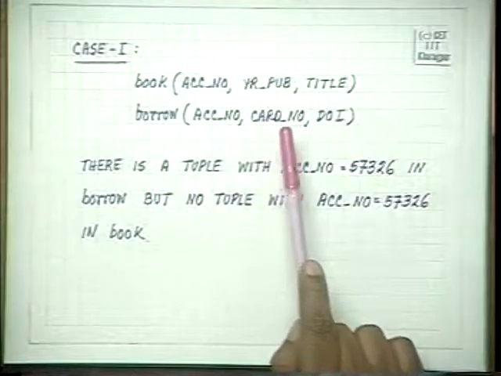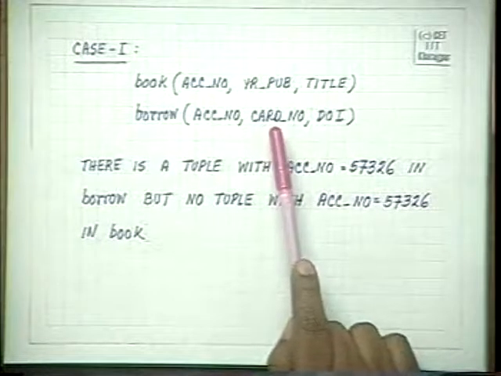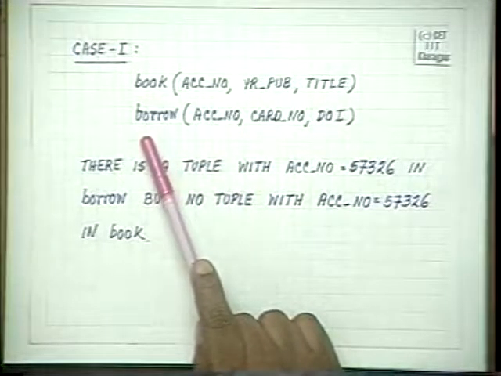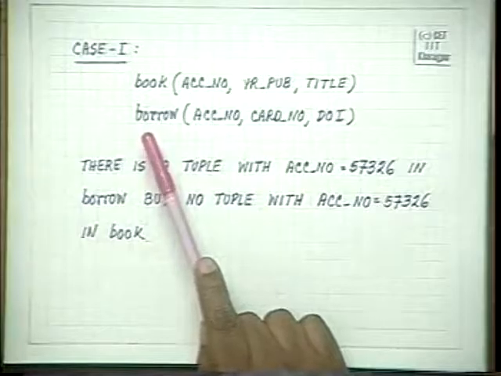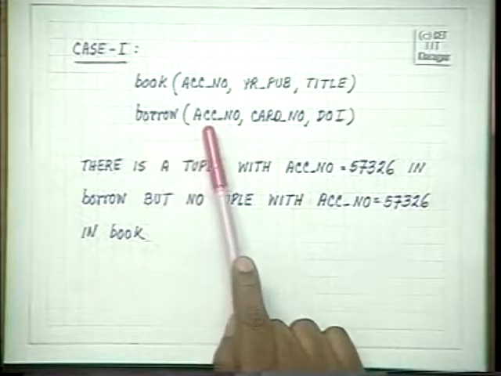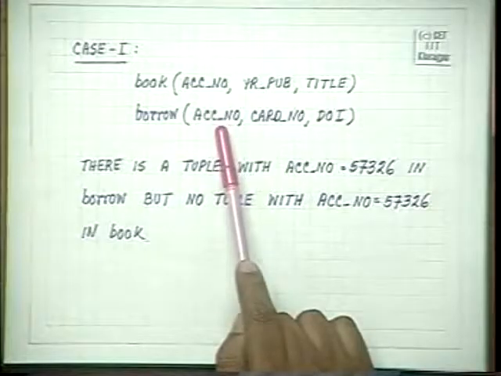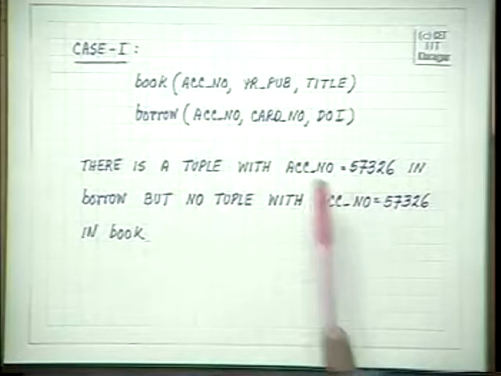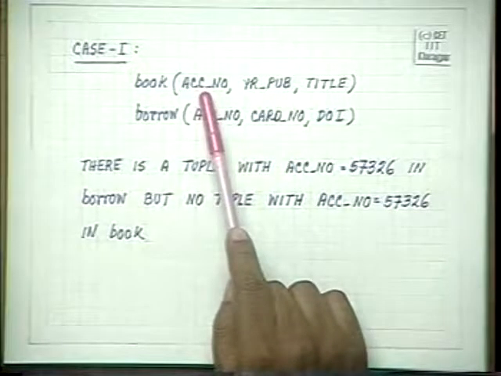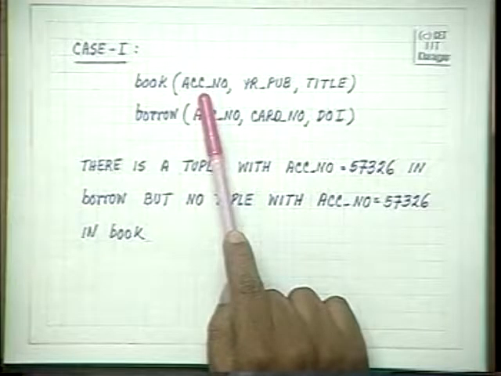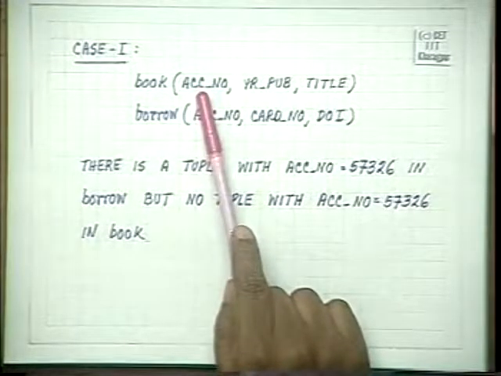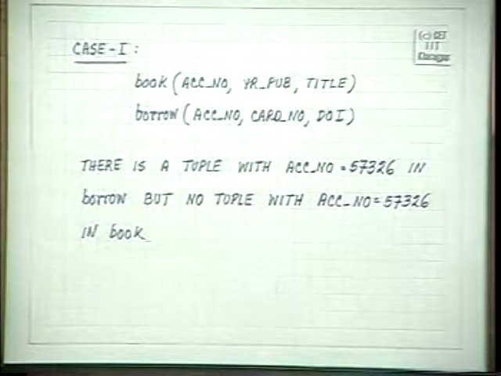If a person has issued a particular book on a particular date, and the accession number of the book is there in the borrow relation, there must be a book with accession number 57326 in book, because book is all the books in the library. So, this situation is inconsistent.